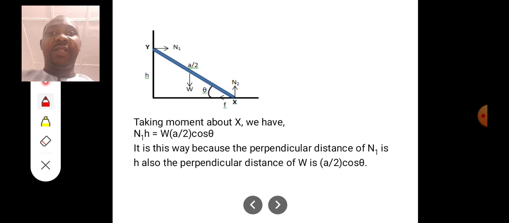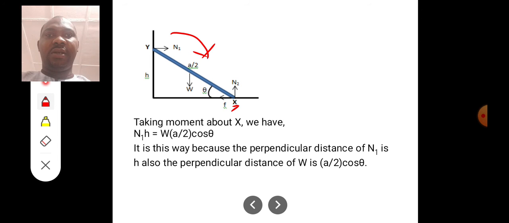Now, before we answer the question, if we take moment about x here, you can take moment about y, you can take moment about x. You can see that N1 should move this way.